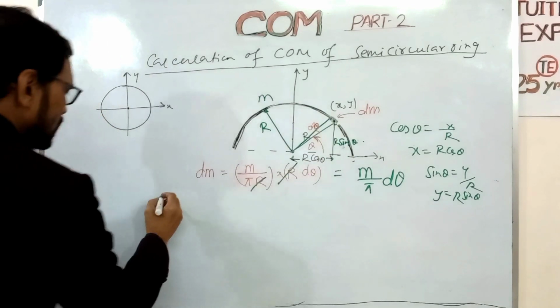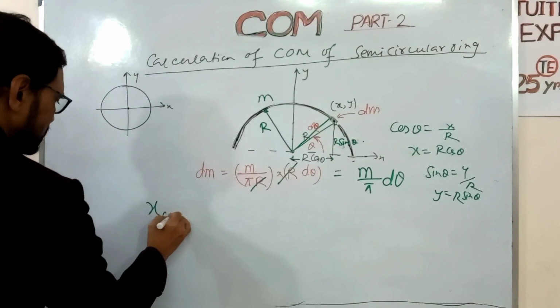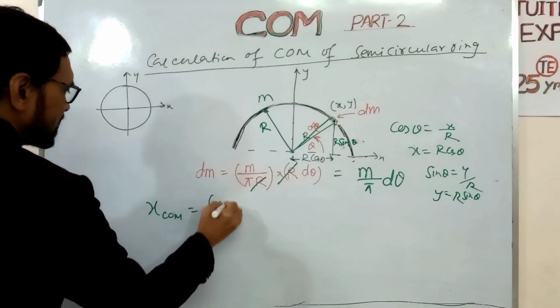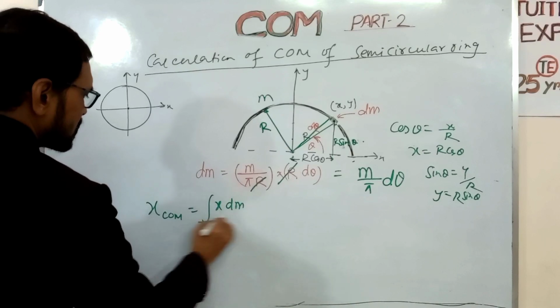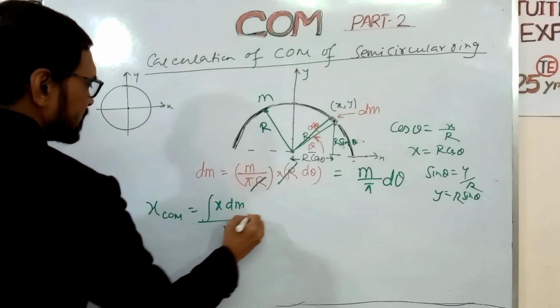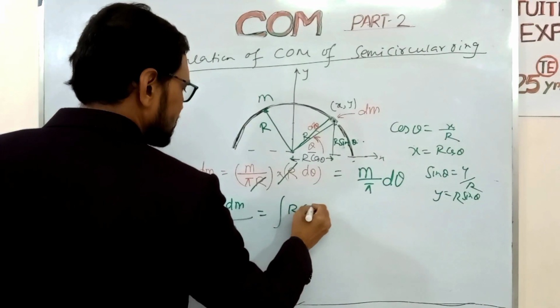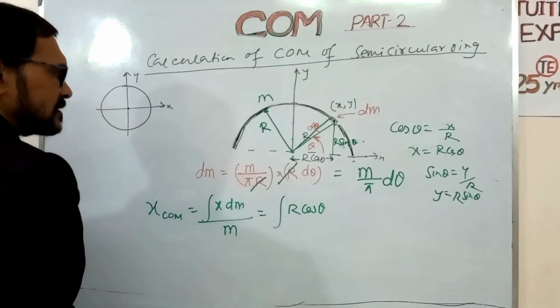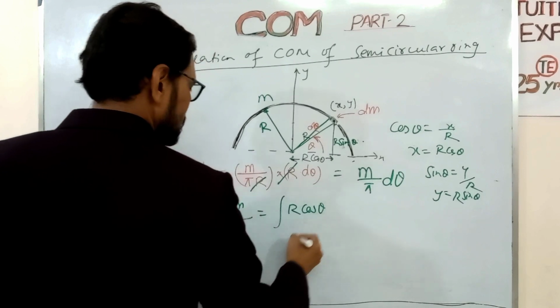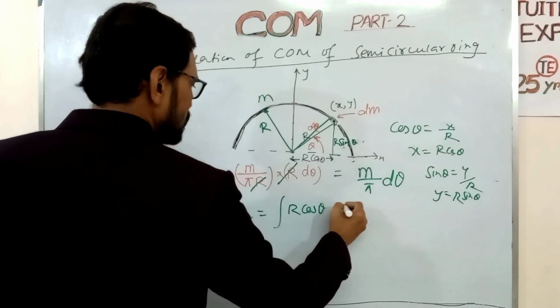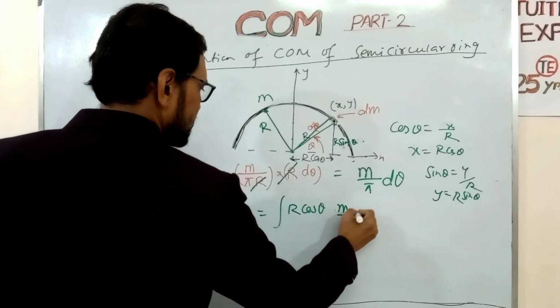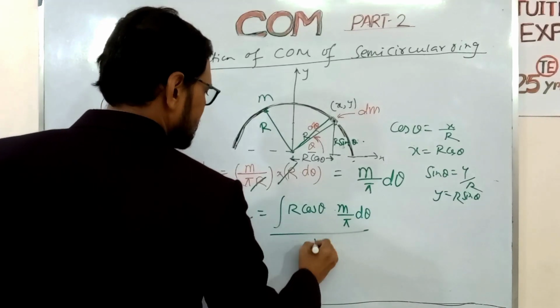Now the x coordinate of the center of mass, x_cm, equals integral of x dm by total mass m. Here x equals r cos theta, and dm equals m by pi d theta, divided by total mass.